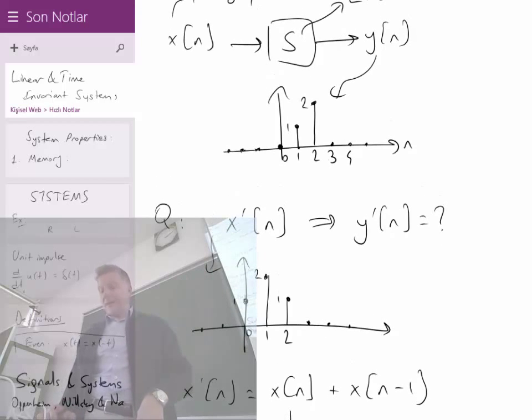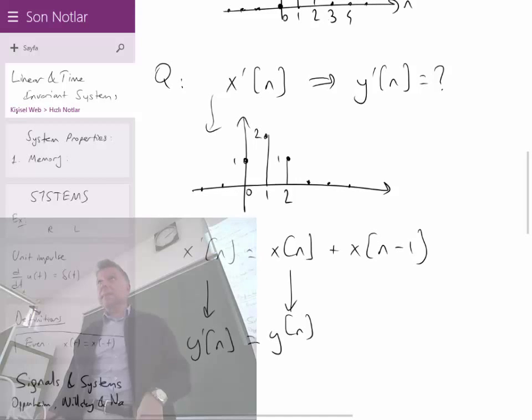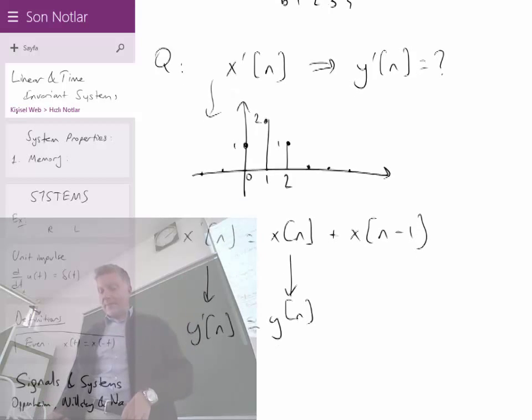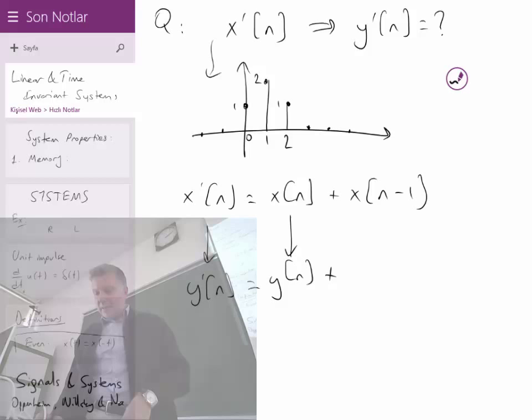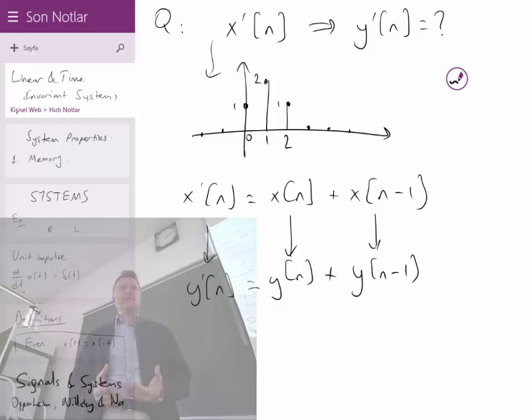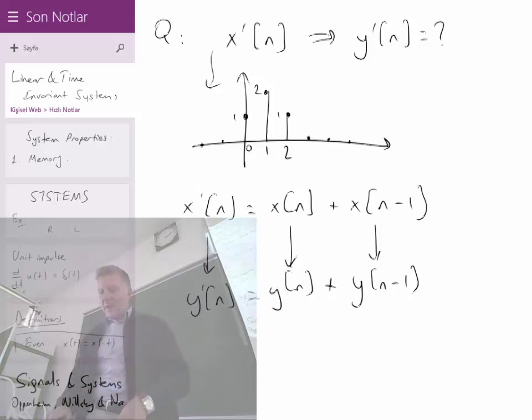That component will produce y of n. Plus, what will this produce? Y of n minus 1. Why? Because it's a time invariant system. And why is the combination of the outputs? Because it's a linear system. So it's a linear and time invariant system, therefore this equation holds. Y of n plus y of n minus 1.